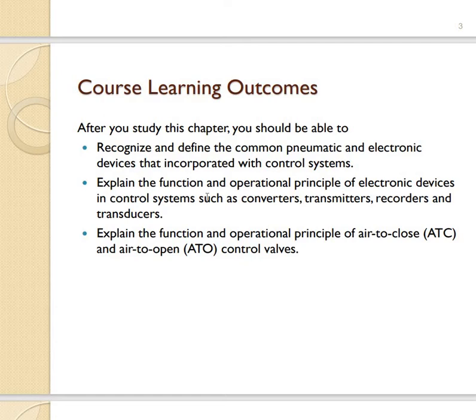Second, students should be able to explain the function and operational principle of electronic devices in control systems such as converters, transmitters, recorders, and transducer. And lastly, students should be able to explain the function and operational principle of air to close, also known as ATC, and air to open, also known as ATO, control valves.